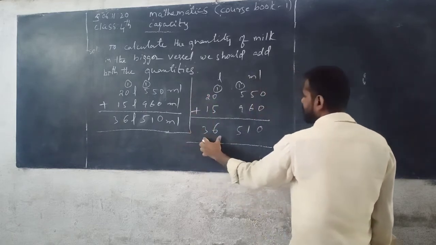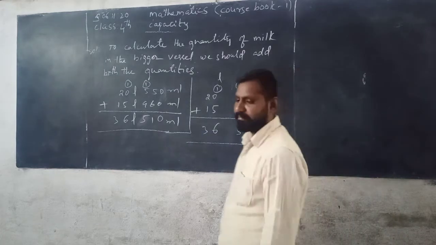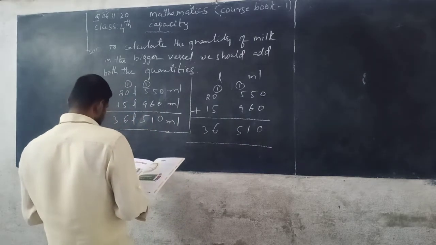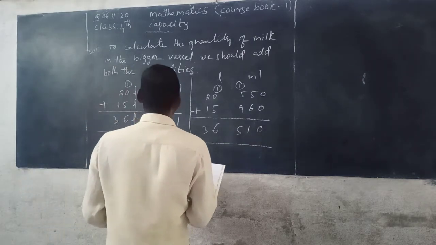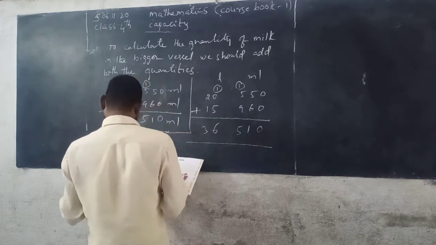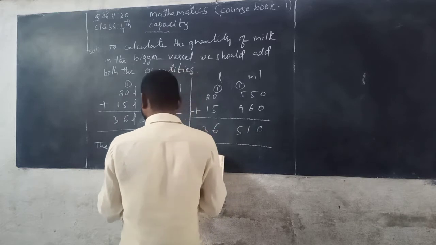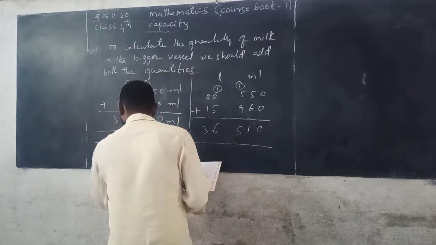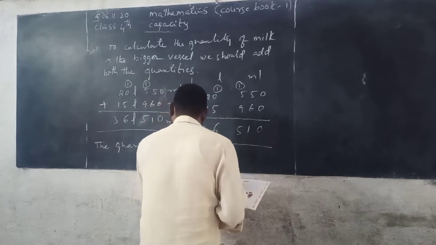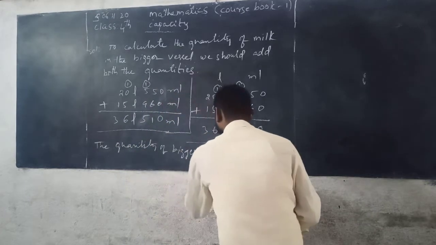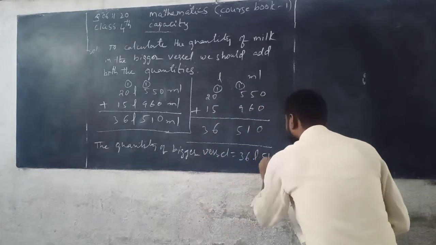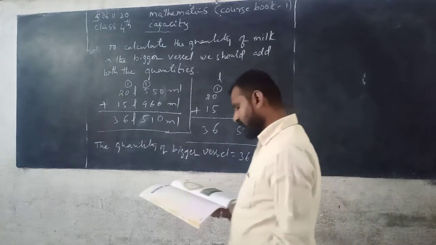See here, 36 liters and 510 milliliters. Then you can write the quantity of the bigger vessel: thirty-six liters, 510 milliliters of milk.